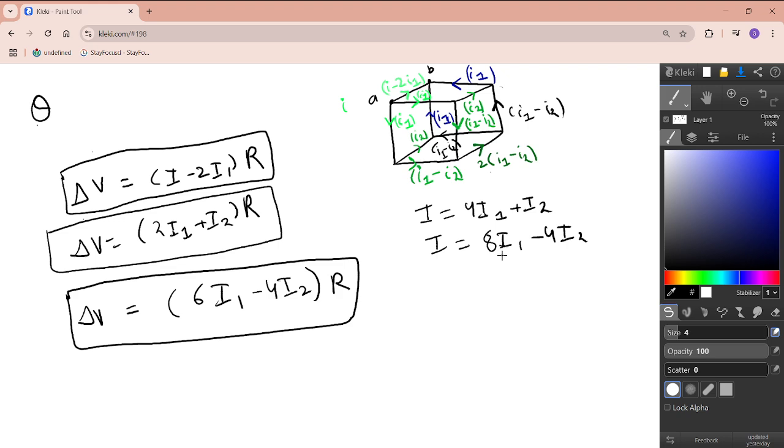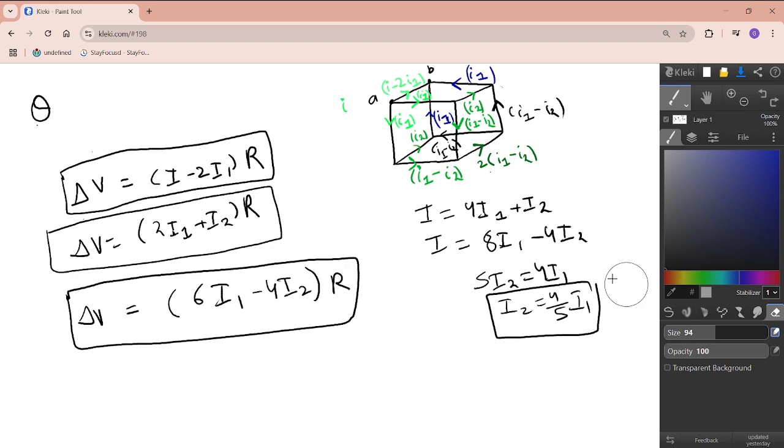What we need to do here is equate these two equations. And so for that, 4I1 on that side, 5I2 on that side, 5I2 is 4I1. Means I2 is 4 by 5 I1, which we can substitute here. I2 is 4 by 5 I1 and 5 fours are 20, 24 by 5.